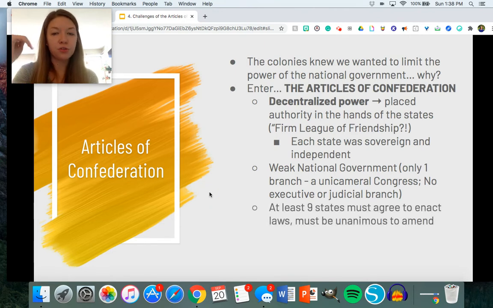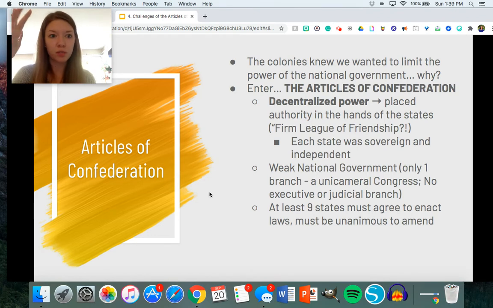Also under the Articles of Confederation, it was required that at least 9 states must agree to enact any type of law, and all 13 had to be unanimous to amend the Articles of Confederation. Just think about that, right? Think about something as mundane or basic as trying to get your group of friends to agree on where to go to dinner or what you're going to do that night.